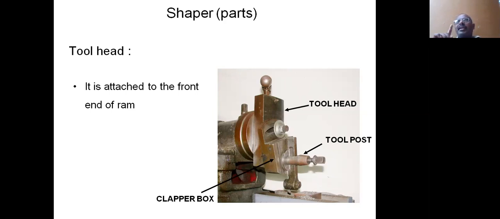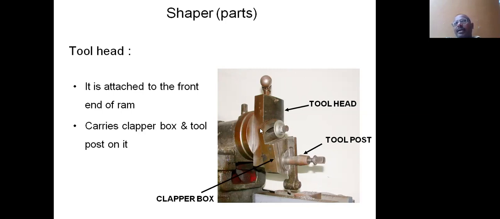The back end is connected with the driving mechanism side, whereas the front end is towards the job or towards the work. So this tool head is attached to the front end of the ram with the help of screws or fastening devices. It is attached on one side to the ram.